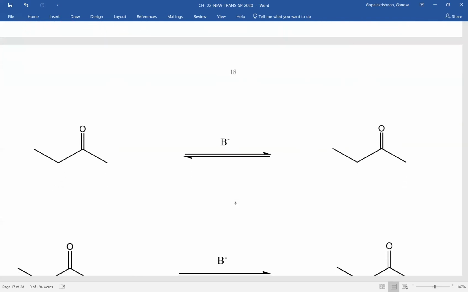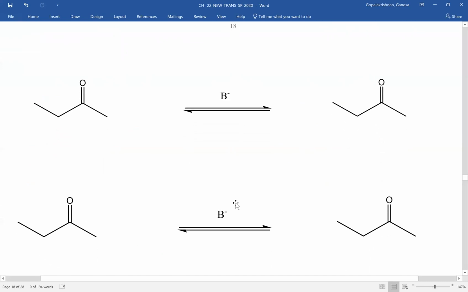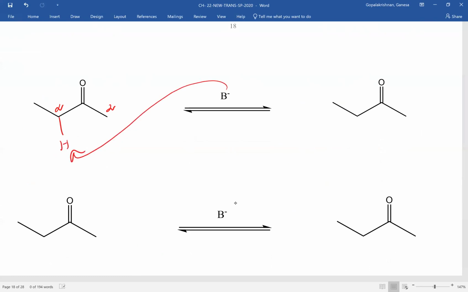If you take a ketone, as we saw in the enol, the same thing will happen because you have two alpha carbons. This has two hydrogens, and the base will abstract this one and flip the bond. You get this enolate 1.